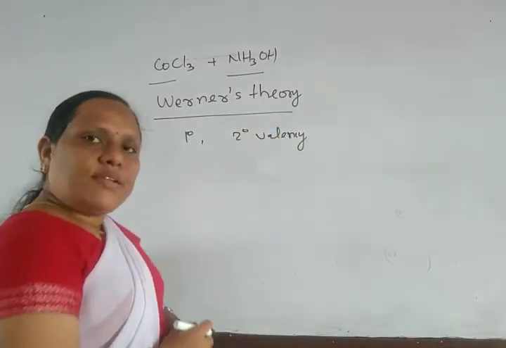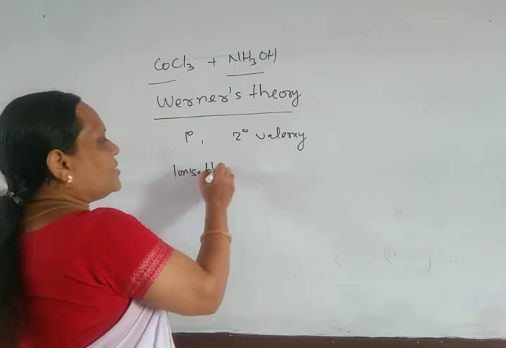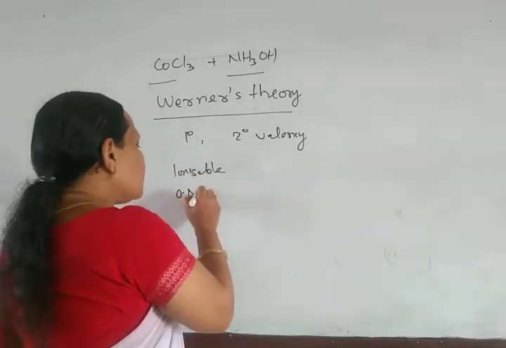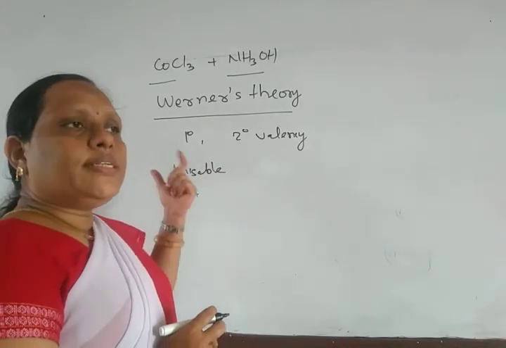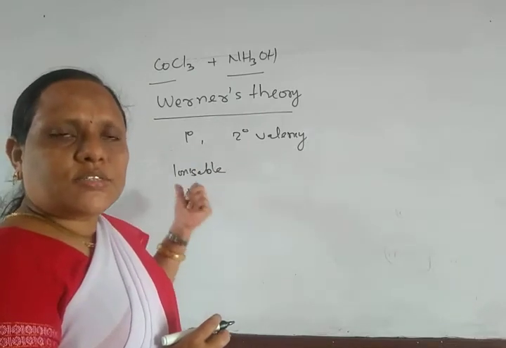The primary valency is ionizable, and it refers to the oxidation number of the metal when the atom shows its normal salt.